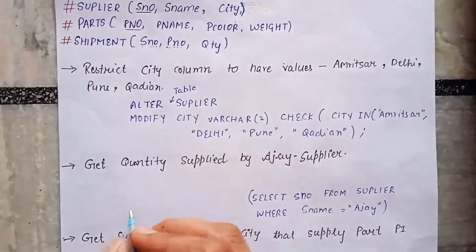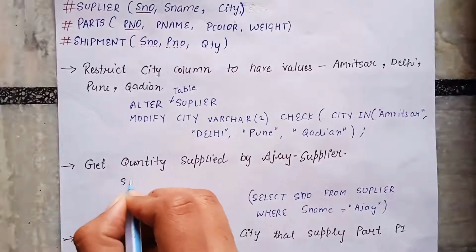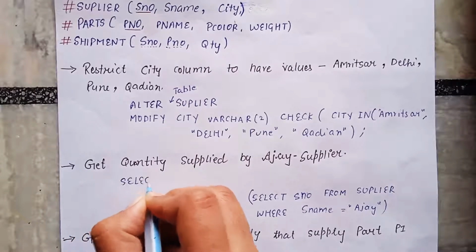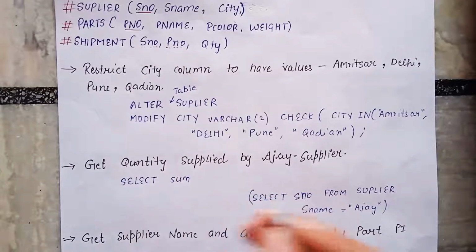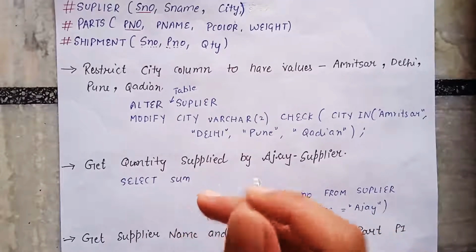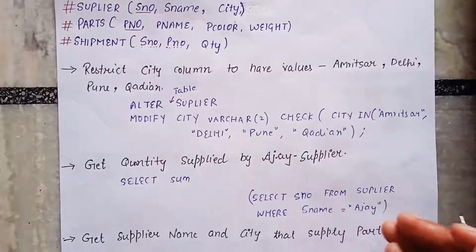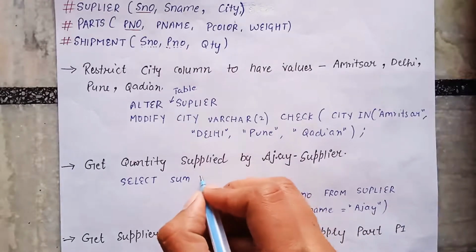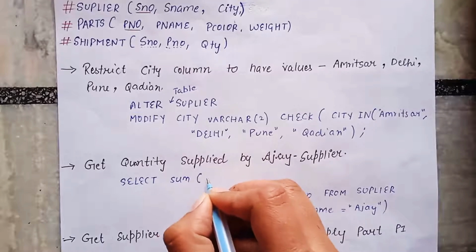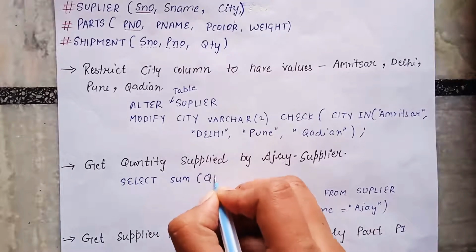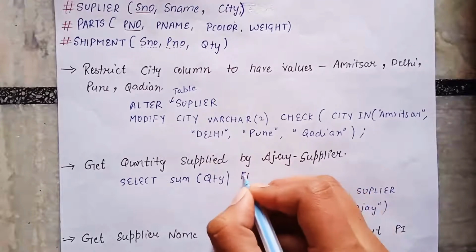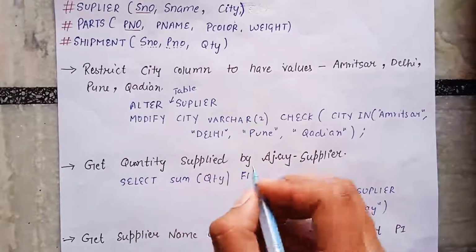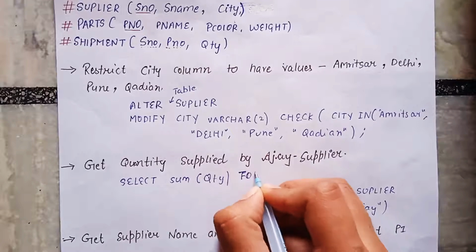Now let's see how we write this query. Select sum, because we want the total of all the quantities, so we will add up the quantities of the supplier whose name is Ajay. So we add the quantity, and we can also give a name to this column, so we call it total.